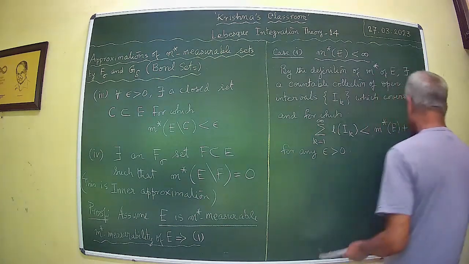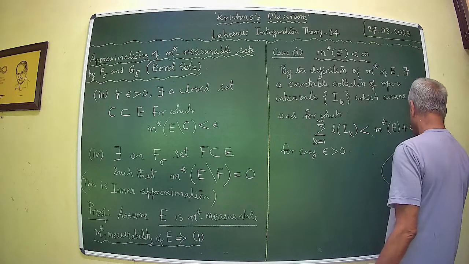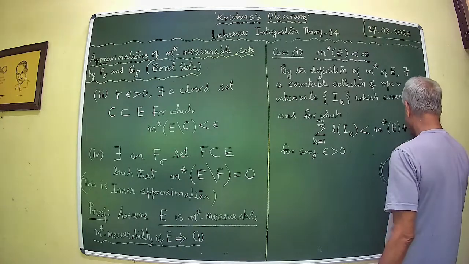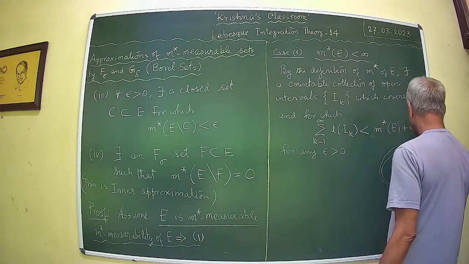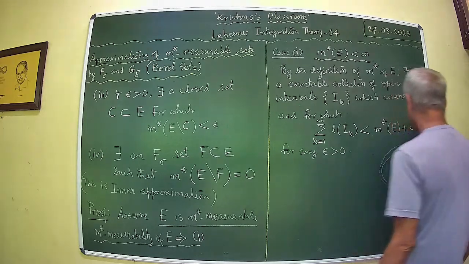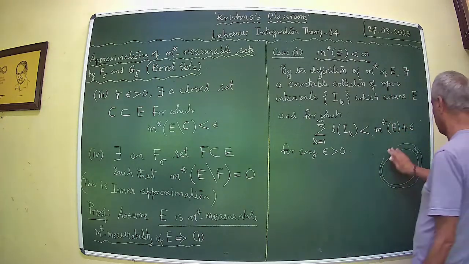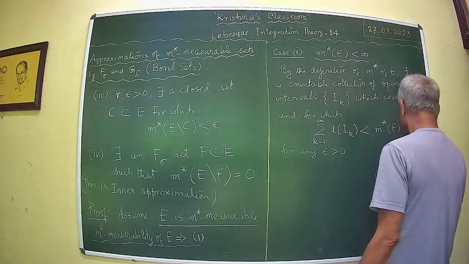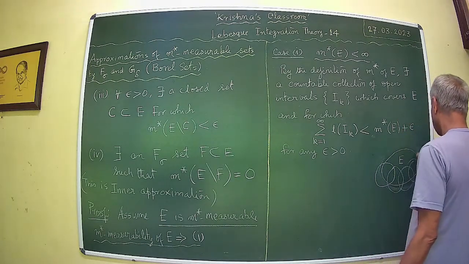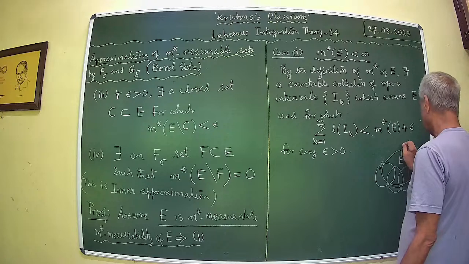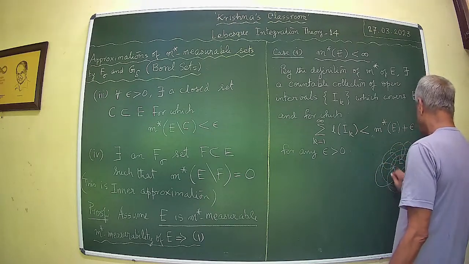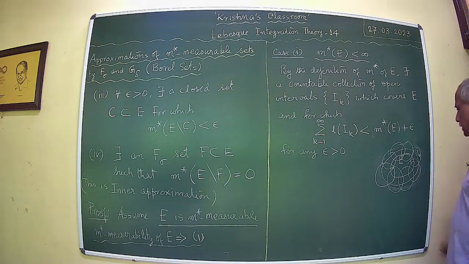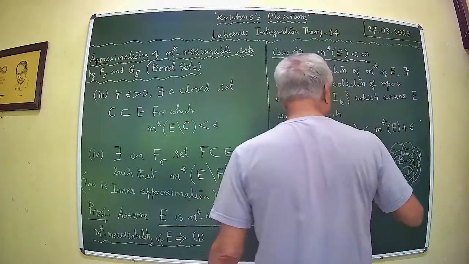Now, this is what is happening. This is again the Venn diagram. Suppose these are all I_k, so that E is inside the union of these I_k.